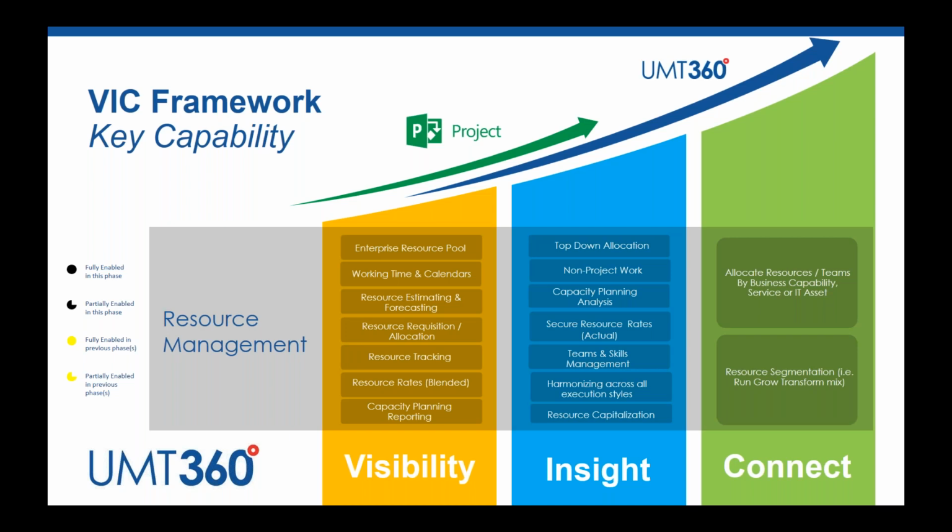We're also going to get a full picture now of how our resources map to whatever segmentation criteria we want to use, run, grow, transform, or anything else. So we get a full picture. Now, again, went through that very quickly, but hopefully you get an appreciation for how, at least for resource management, how this could incrementally build.